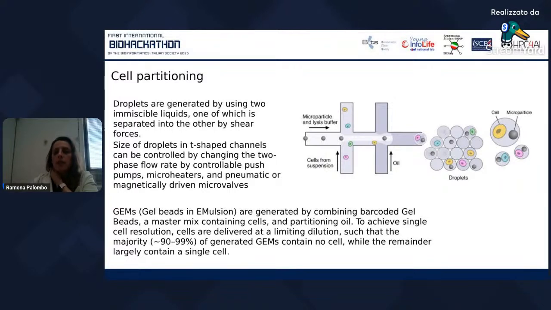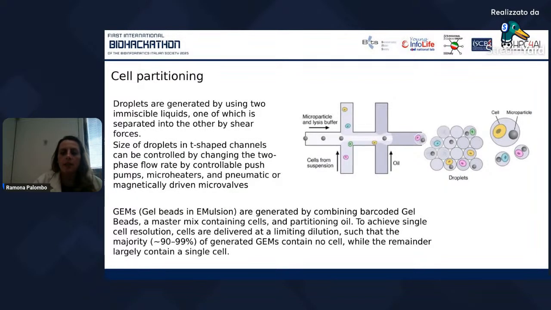In this case, we lose some information, but all the droplet generation is made in specific conditions, just to obtain that the majority, like 90% of generated gel beads in emulsion, contain no cells. In this way, we can assume that for the droplets that contain cells, there is just one cell.